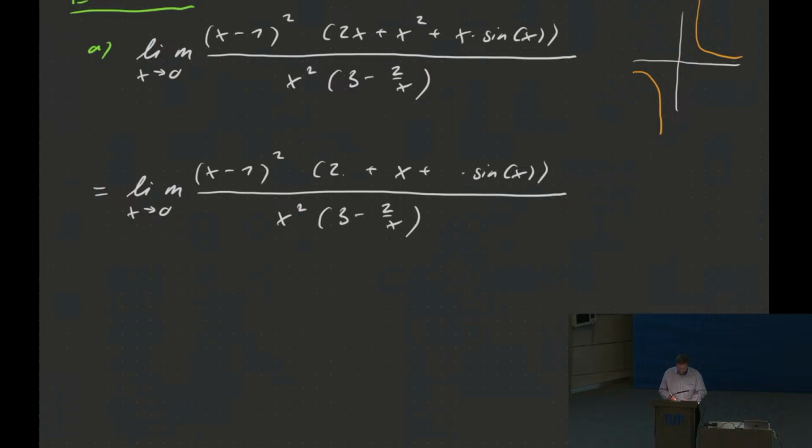And if we do that, we're left with this expression. And now obviously, we can cancel this and one of those x's down here. All right, so let me copy that again.